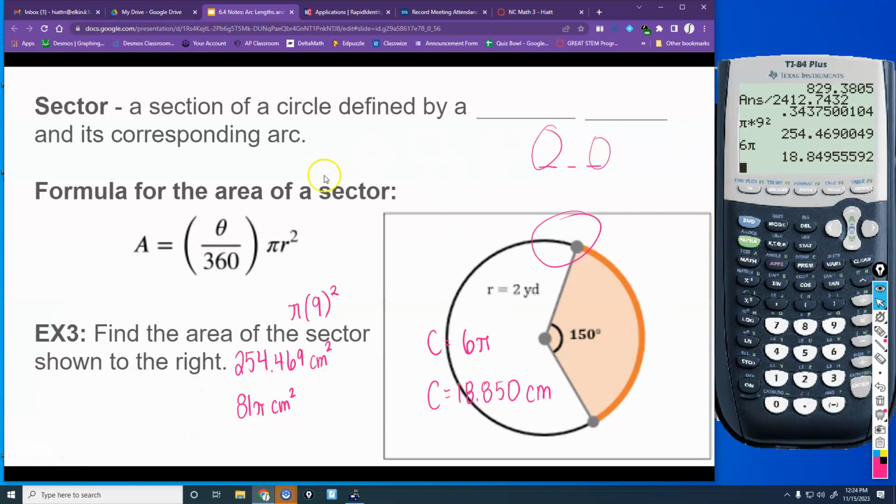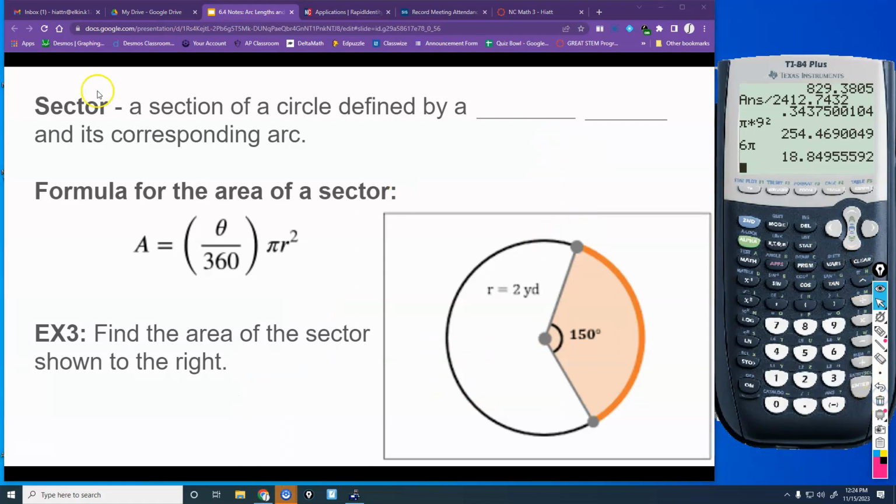So let's talk about a sector first. A sector is a section of a circle defined by a central angle and its corresponding arc.